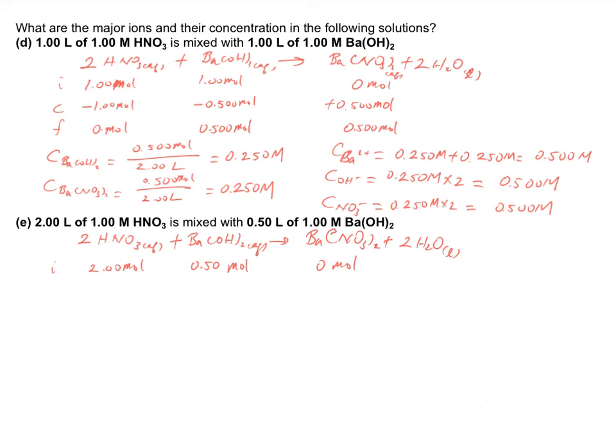So the change is 0.500 mole of barium hydroxide, which will consume 1.00 mole of nitric acid, and it will produce 0.500 mole of barium nitrate.